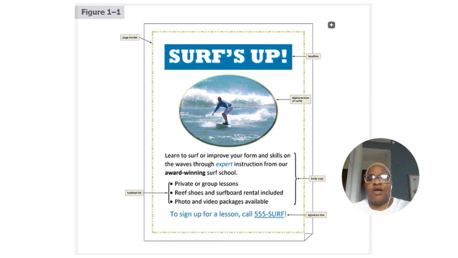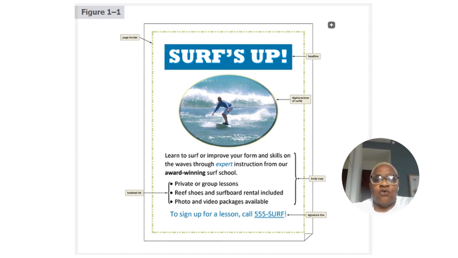So this is a flyer that you will be creating, and just a few things to incorporate the guidelines. There's a reason behind why it's designed this way. You don't just design randomly, you have to have reasoning for different things. In this case, this flyer is a colorful, eye-catching flyer announcing surf lessons.